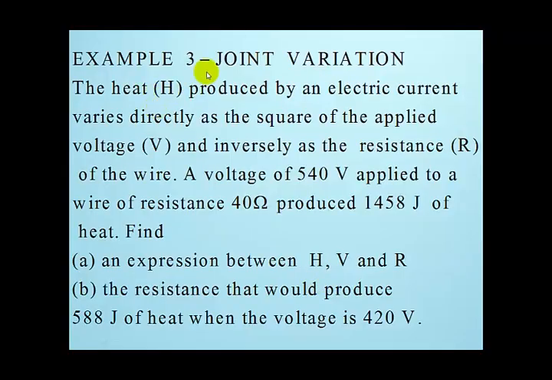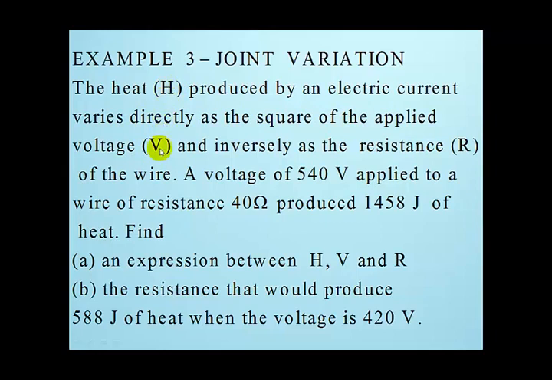Now example: the heat H produced by an electric current varies directly as the square of the applied voltage. So there is a direct variation between the heat and the voltage.